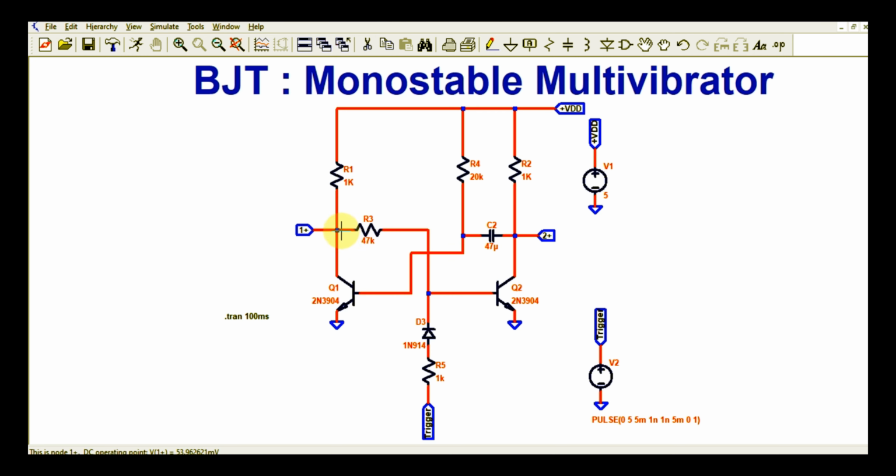Here with R3, this is connected to the base of Q2, right? We can get two outputs. Let us say this is output 1, where we will see the output at this node, and this is output 2, and we will see the output at this node.